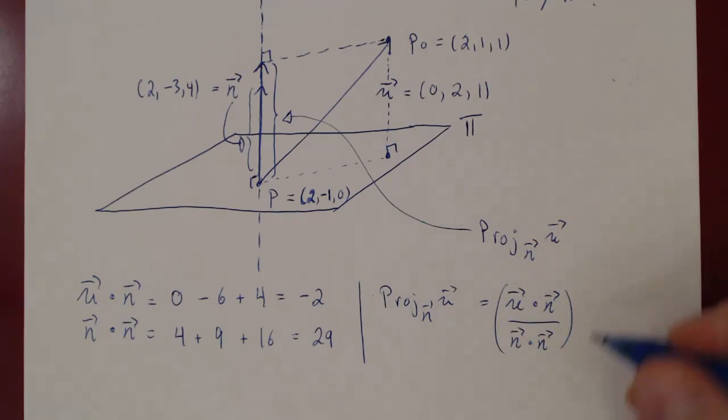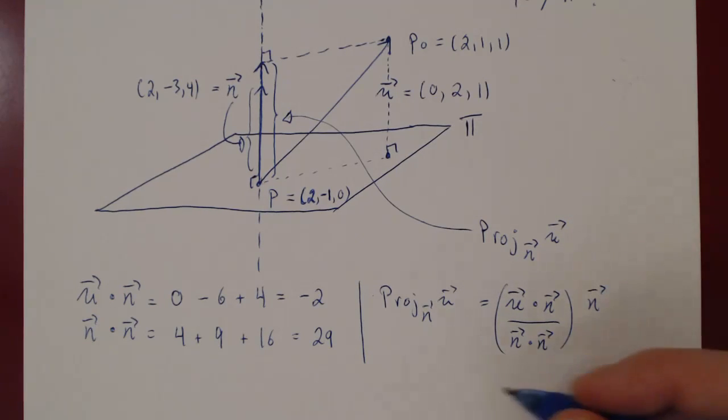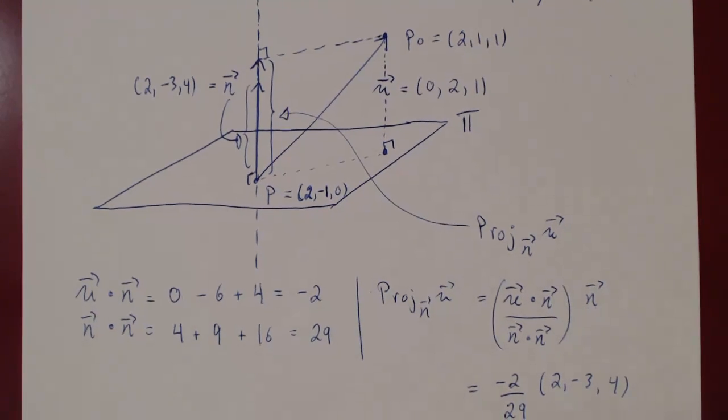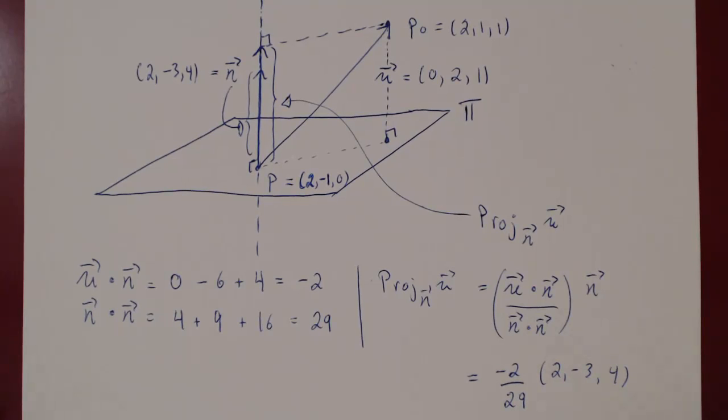This is just our scalar times the vector n. Well, we have everything we need. u dot n is negative 2 over n dot n is 29 times the vector n, 2, negative 3, 4. And now the distance will be the norm of this vector, and then we're done.